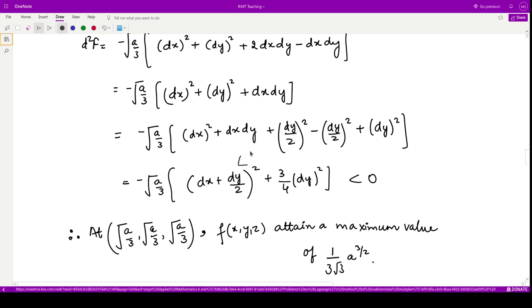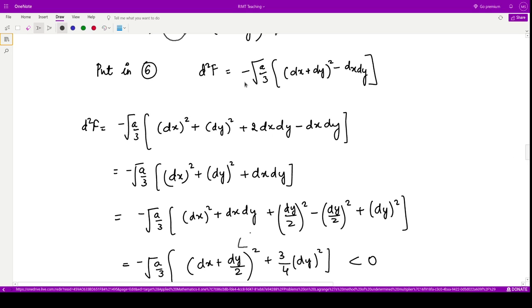Now we can open up this bracket. So it is this one, and then we can compute these two terms. That would be 1 dx dy. And then we can make a complete square here. dy square is a complete square. So out of this term and this term, we can make a complete square.